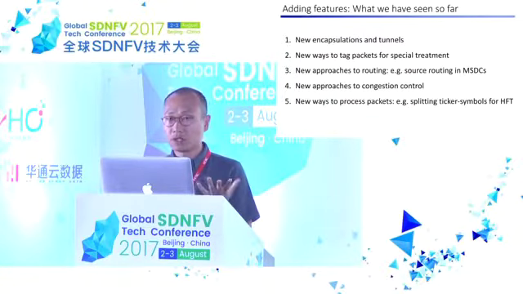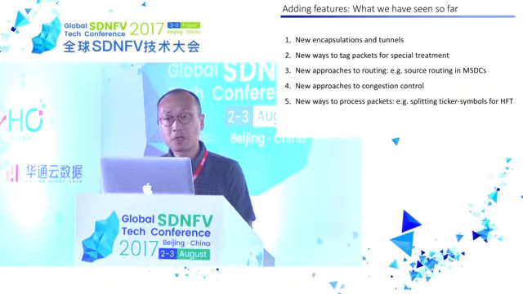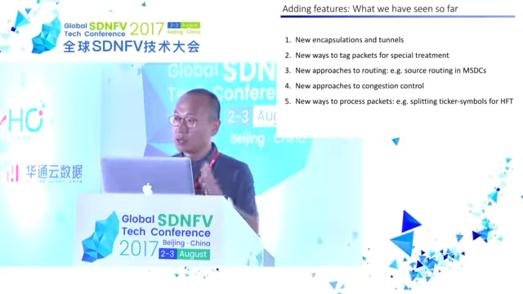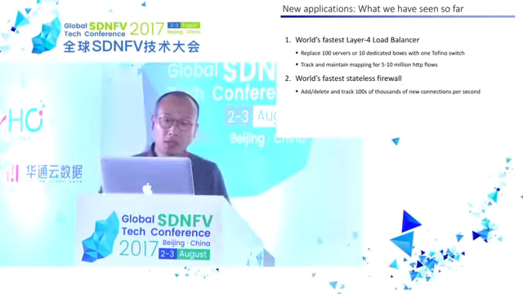For example, large data centers really want to do source routing. New approaches to congestion control, new ways to process packets. For example, high-frequency traders, financial firms really want to split packets based on the contents, like ticker symbols, stock symbols, and then use different paths to reduce networking latencies and so on.